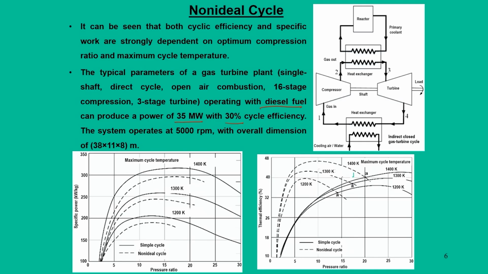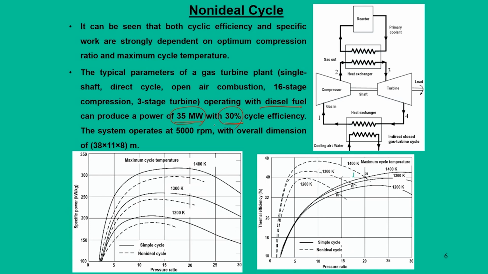This system can operate at 500 rpm. Basically, these numbers say what kind of power range a gas turbine cycle can achieve. Now, when I specify all these numbers, our main intention is the power derived from the cycle and the cycle efficiency.